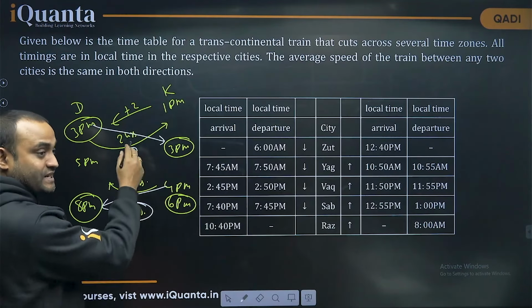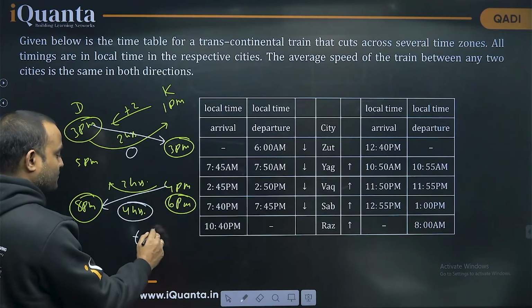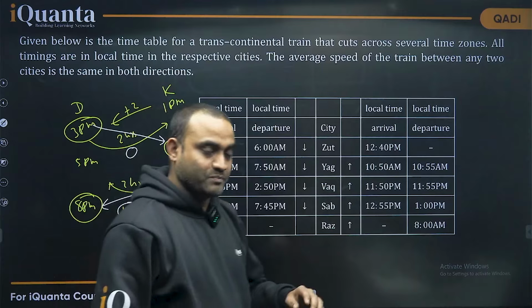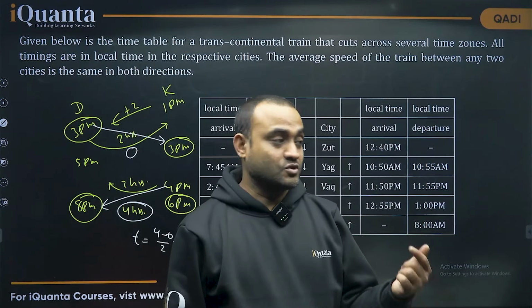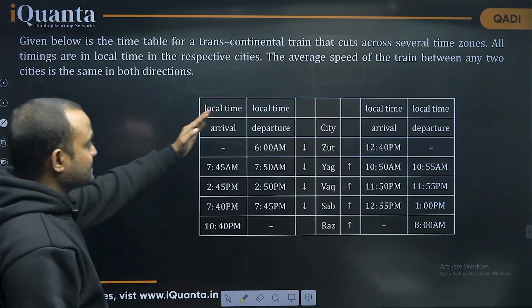So their difference divided by 2 will give you the time difference. So 4 minus 0 by 2. This 2 will tell you how much one place is ahead in terms of time zone with respect to the other. Let's try to understand it from here.